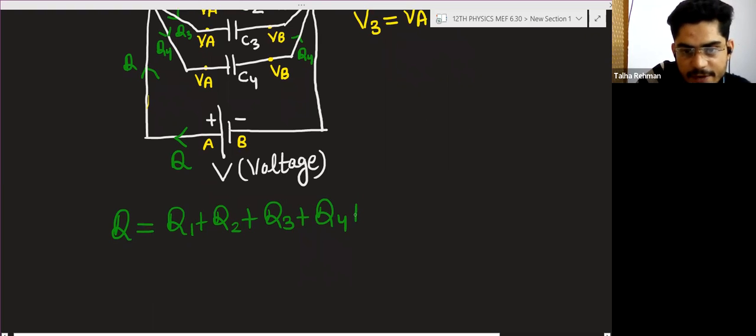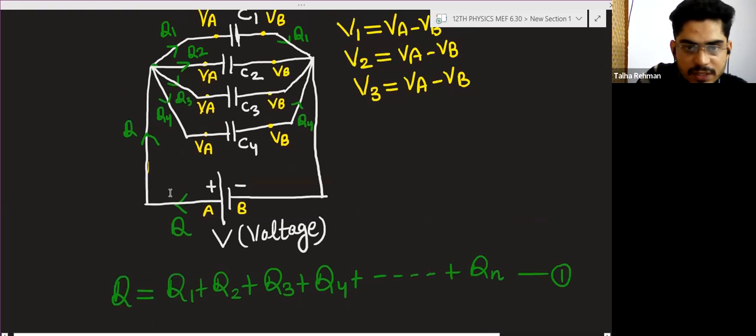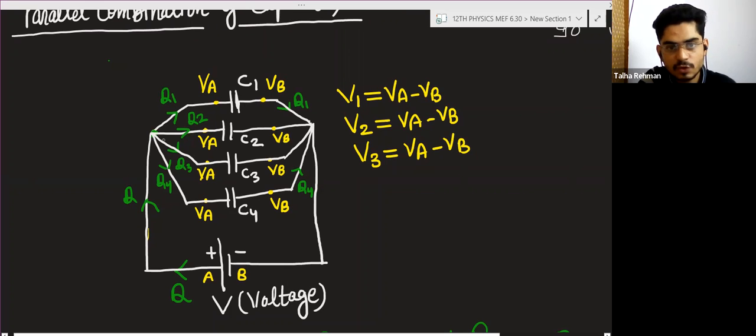And if there are n number of capacitors, then you can write up to Qn. Okay. This is equation 1. If instead of this circuit, I will take a capacitance whose capacitance is equivalent to all these capacitors. See here.